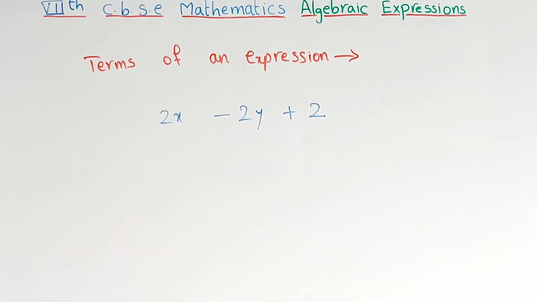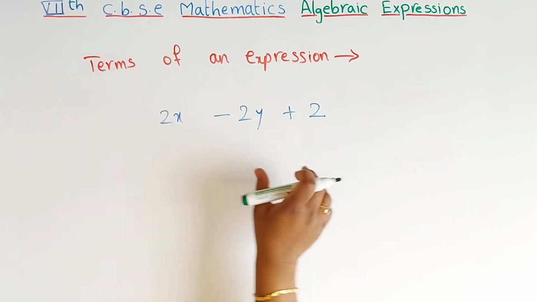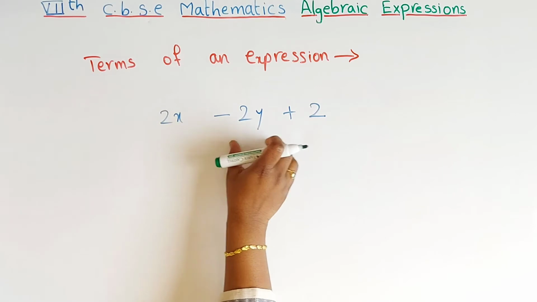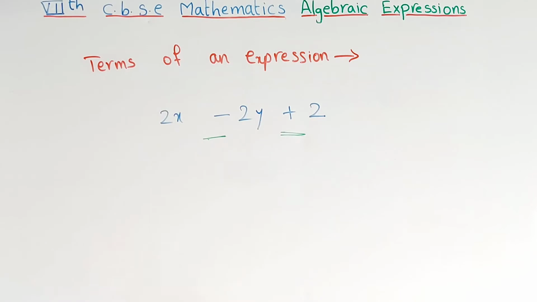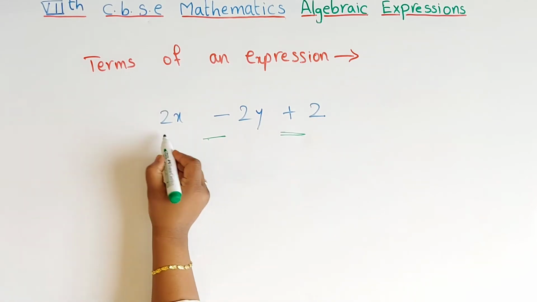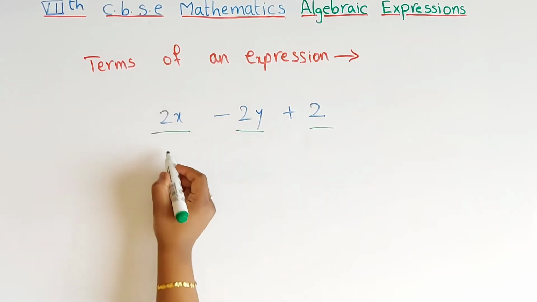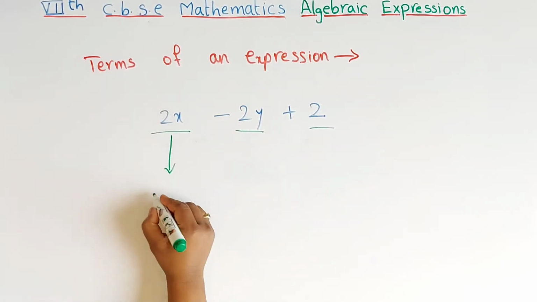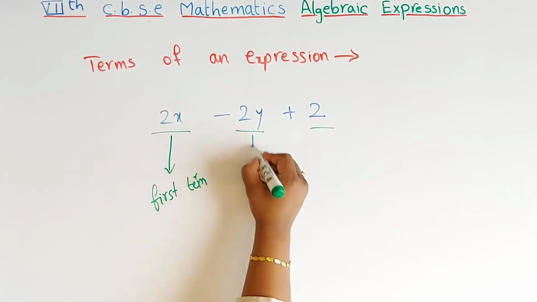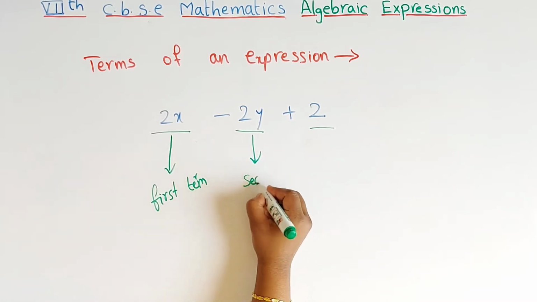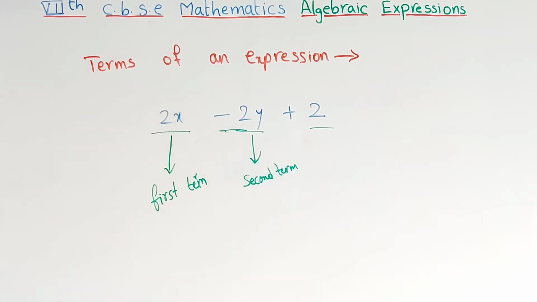Terms of an expression. The algebraic expression contains so many small parts. Now see, these parts we are combining with arithmetic operations like plus, minus, multiplication, so on. These small parts are called terms, children. In this expression, this 2x is the first term and 2y is the second term along with sign, children.